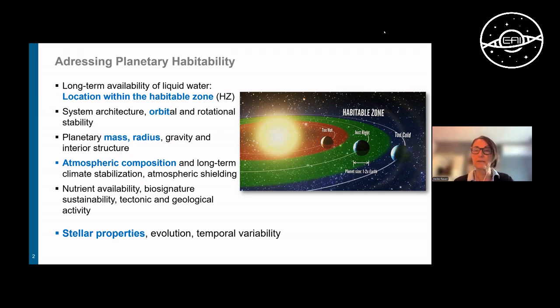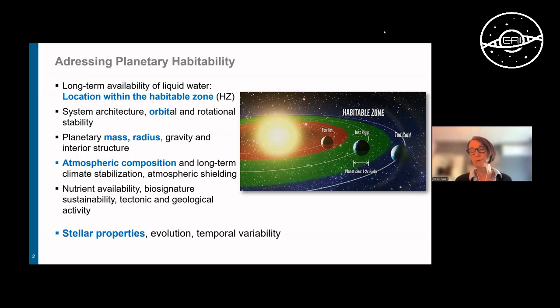You see on the right an illustration of the habitable zone, being the distance from the star where a planet like our Earth is just right in temperature, which means it can have liquid water on its surface for long periods, because we believe we need liquid water to form life. When we move our Earth too close to the sun, all the water will evaporate and be lost to space. When we move the Earth away from the sun, the water will freeze out and we have a frozen planet. So these are the limits of the habitable zone.